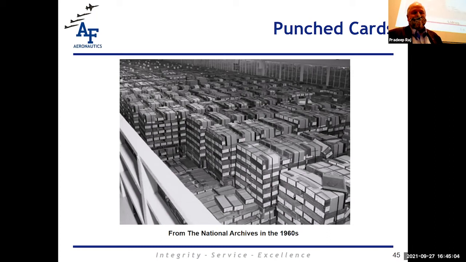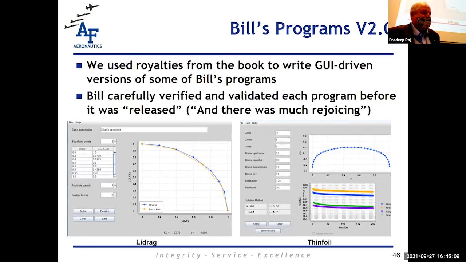So one of the things we did to improve that is come up with Bill's Programs version 2.0. We took royalties from the book and he chose the 6 most important programs that he had on his website. And we hired somebody to make GUI programs that were available for anybody who wanted to use them. So this is the induced drag program on the left, the airfoil program on the right that included different solution methods.